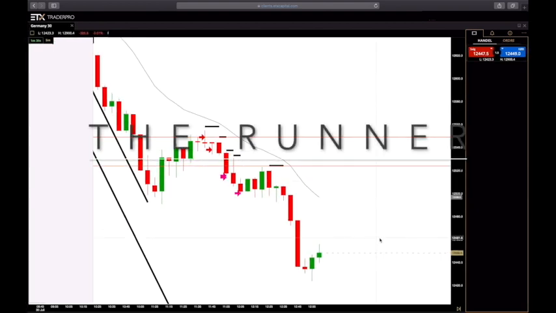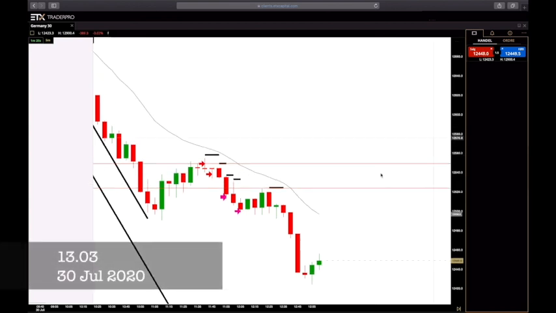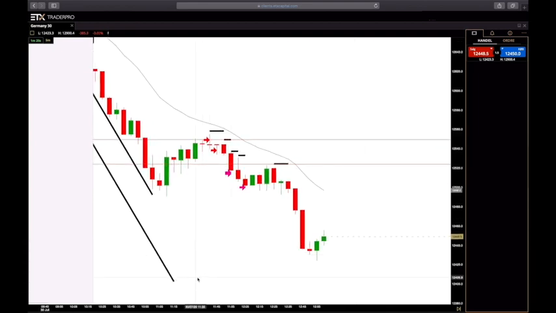This is the runner, and as you see, I'm still short right here, and we just fast forwarded in time a bit, and this is the measured move that I measured out earlier.